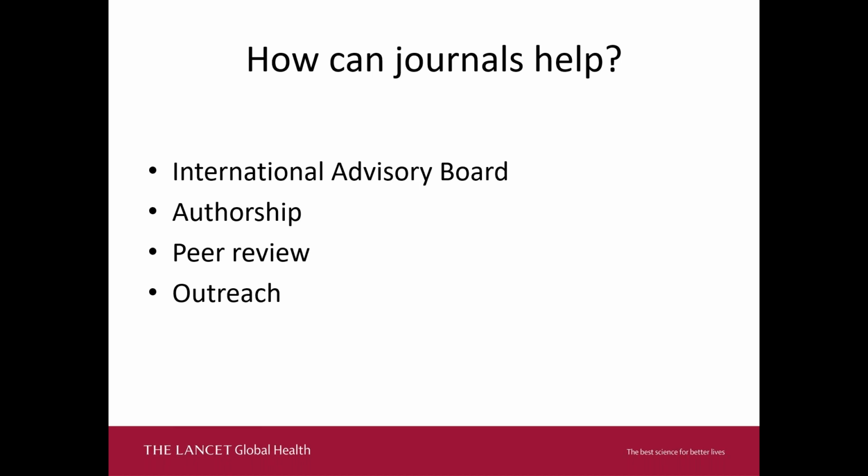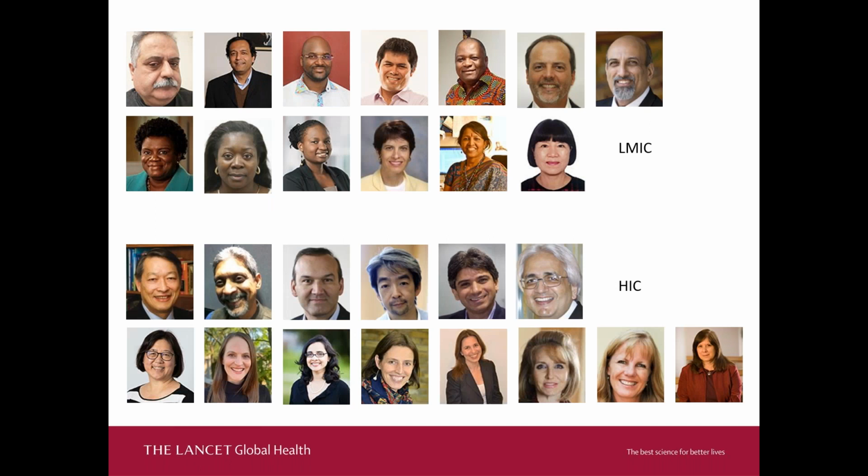So I'll kick off with the one that I think we have the most control over, because there are some aspects that we can have more influence on as journal editors and some that we can have less on. So if I kick off with international advisory boards, these are the boards where we have advisors from around the world who can give us some direction on the types of strategies and policies that the journals are following.